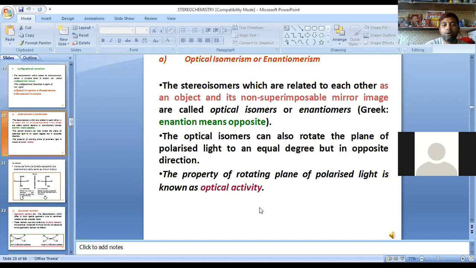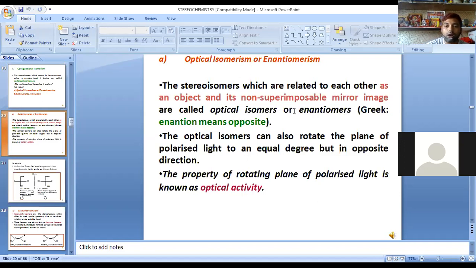Now we'll discuss optical isomers or enantiomers. The stereoisomers which are related to each other as an object and its non-superimposable mirror image are called optical isomers or enantiomers.